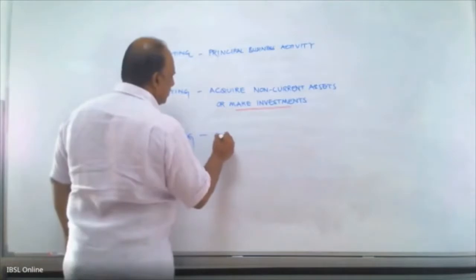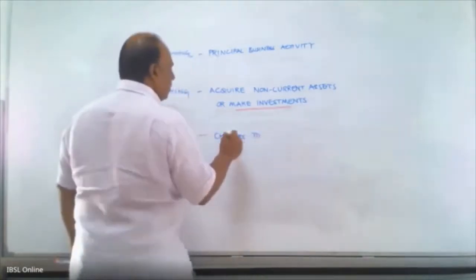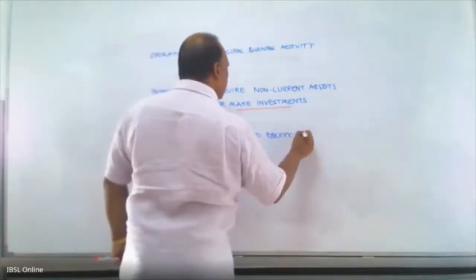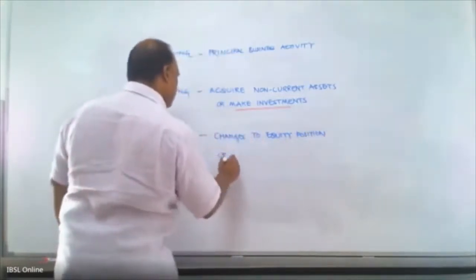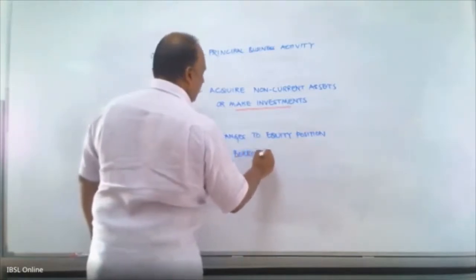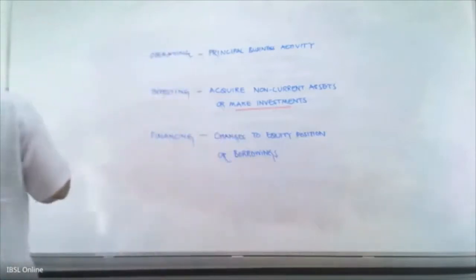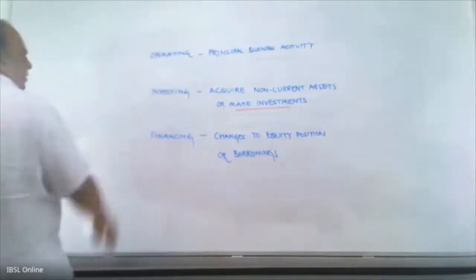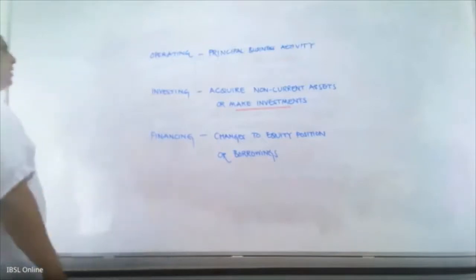Any changes to equity position or borrowings. So in other words, the ways and means that you try out to finance your business are known as financing activities. How does this happen?